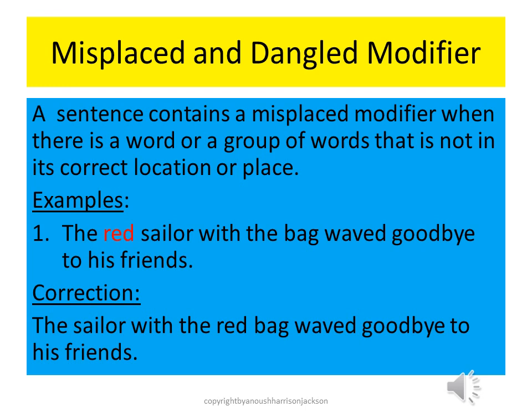Here, the word red is misplaced. The sailor is not red, but the bag is red. Hence, the misplaced modifier has to be placed as close as possible to the word it modifies. And in this case, it is modifying the bag and not the sailor.